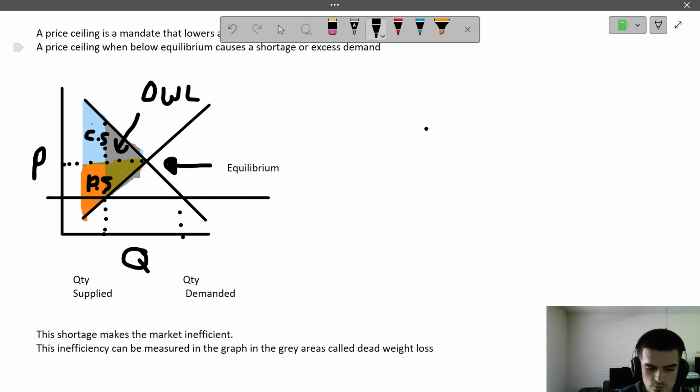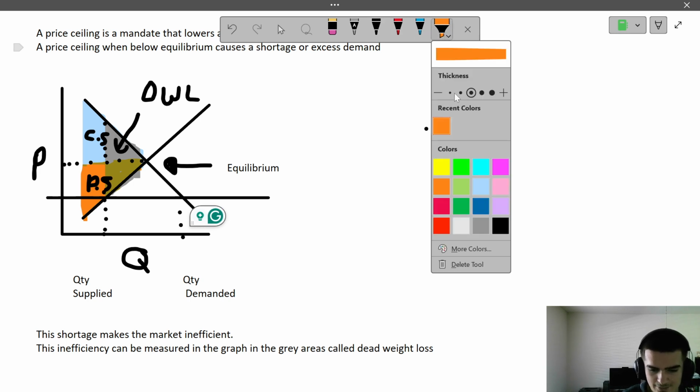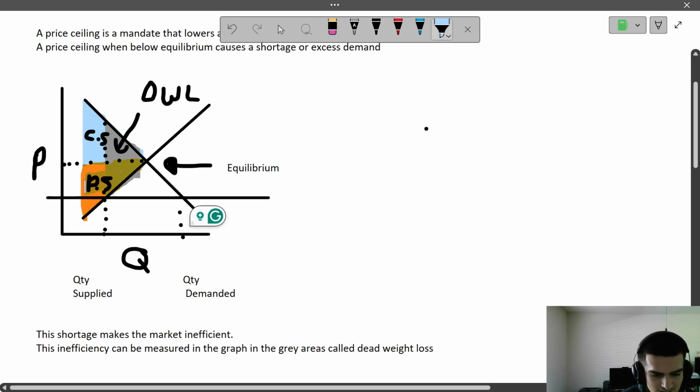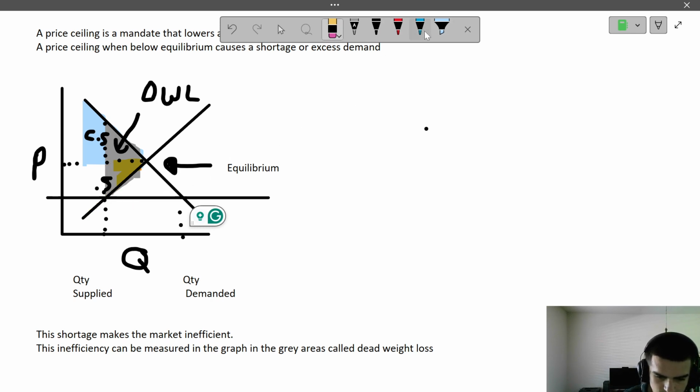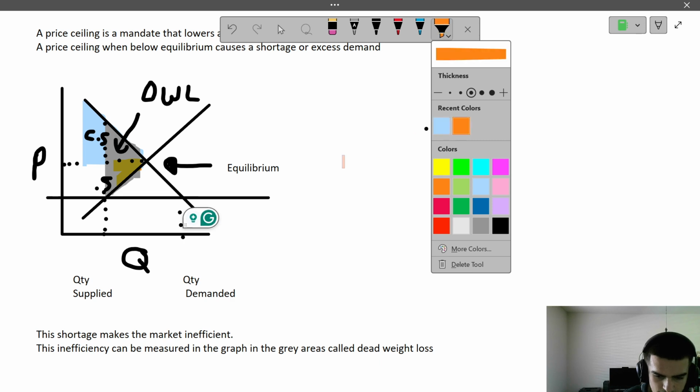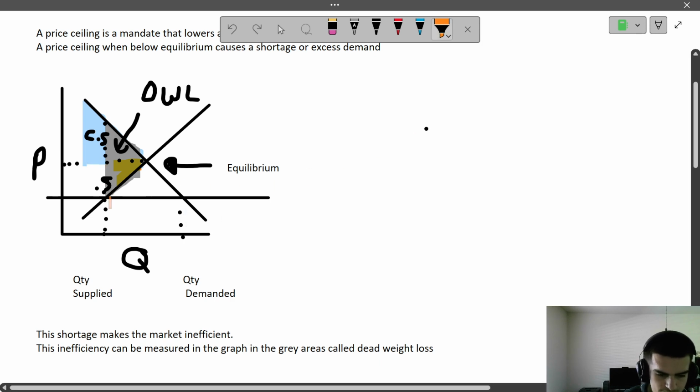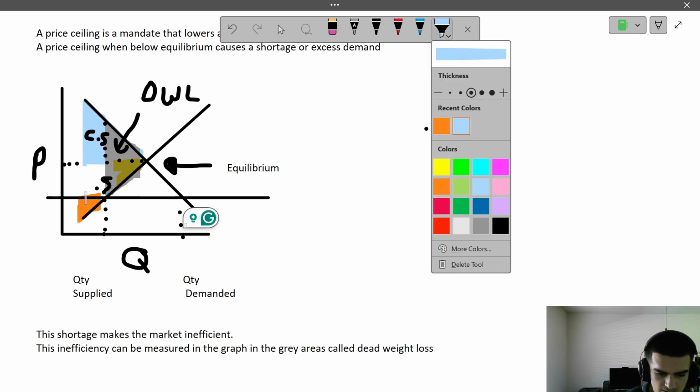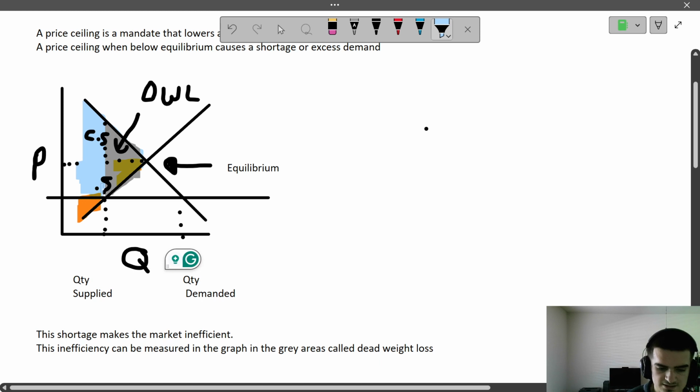And this portion that we lost of consumer and producer surplus is called deadweight loss. And actually, this is drawn incorrectly. I apologize. What happens here is that you see how producer surplus is down here, and consumer surplus is up there.